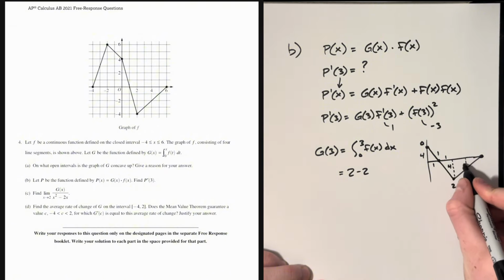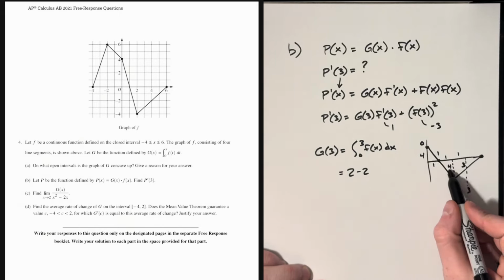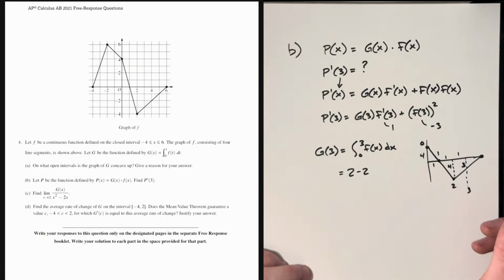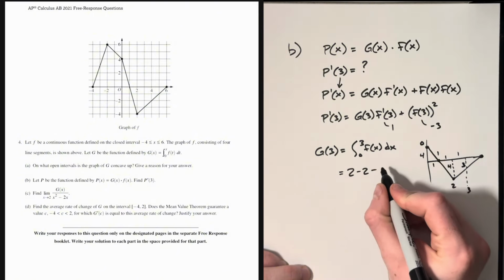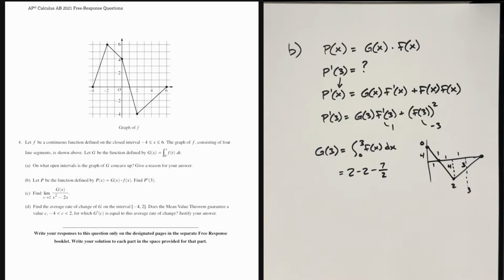Its first base is 4, second base is 3, its height is 1. So the area of this trapezoid would be (4 plus 3) divided by 2, which is 7 over 2, times 1, or 7 halves. But once again, because it's below the x-axis, it will contribute negatively. So the answer to that is negative 7 halves.